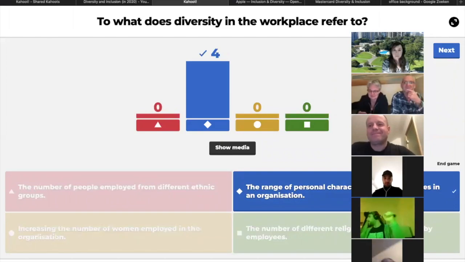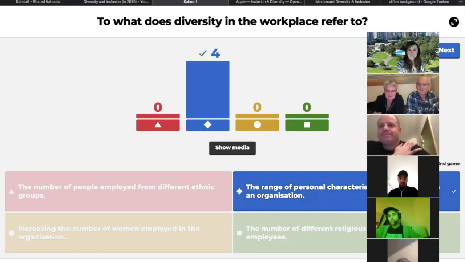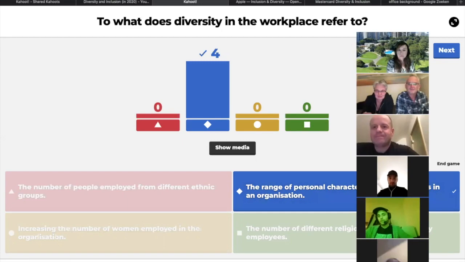Any questions about this one? No, not really. So it makes sense. It also refers to all the above? No, because it's what diversity refers to. So it refers to the amount, the different characteristics in an organization.